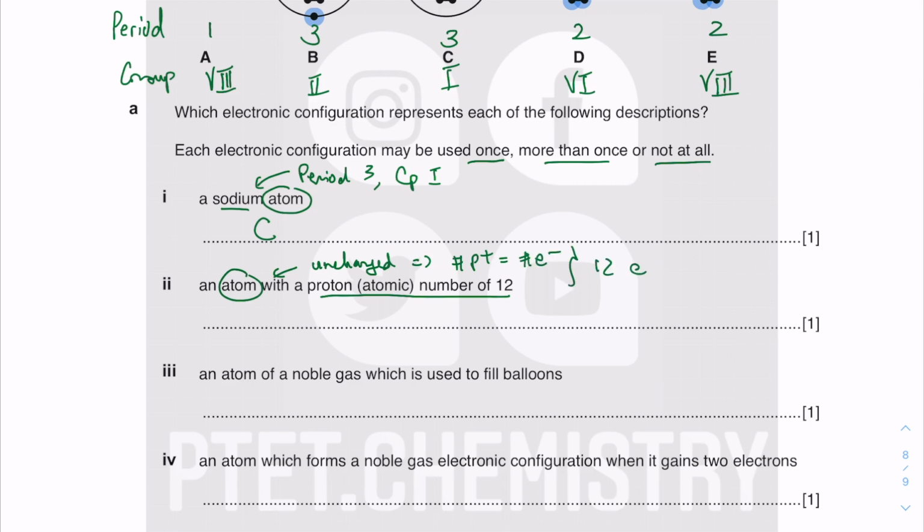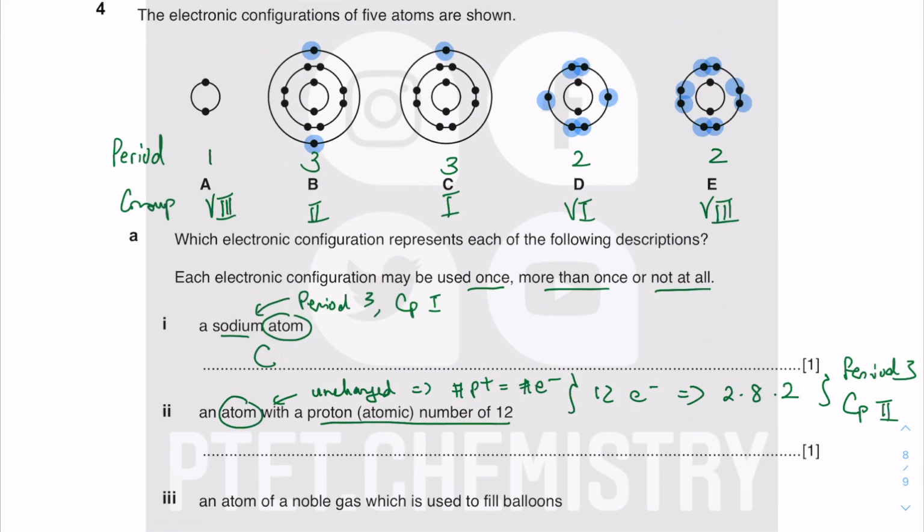Therefore, 12 electrons: 2 in the first shell, 8 in the second shell. 2 plus 8 is 10, so you still have 2. So we're looking at period 3, group 2, which is B.